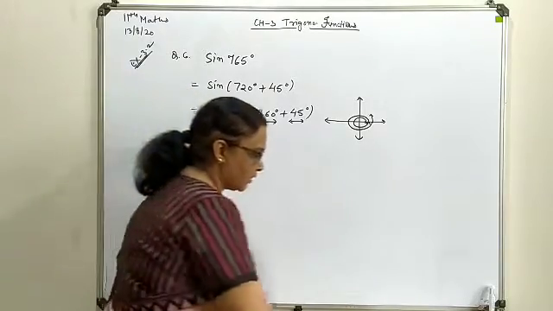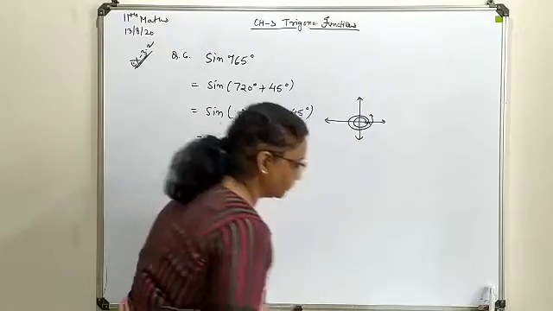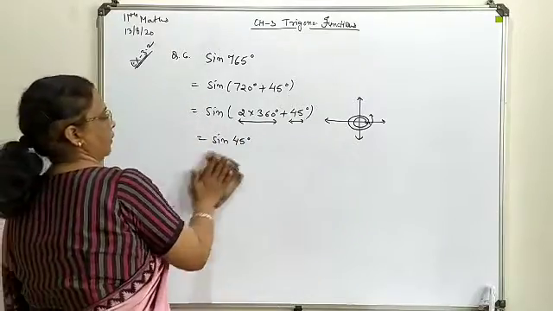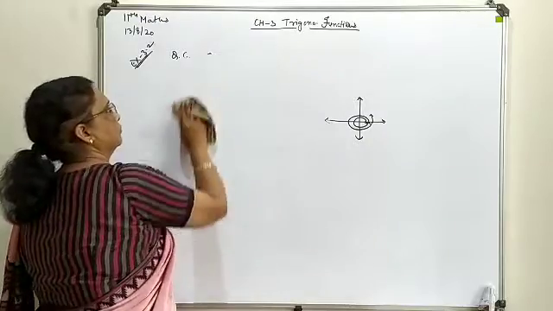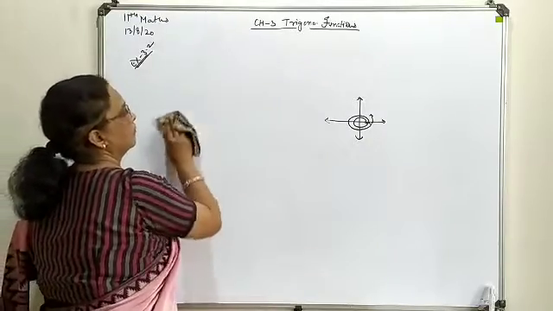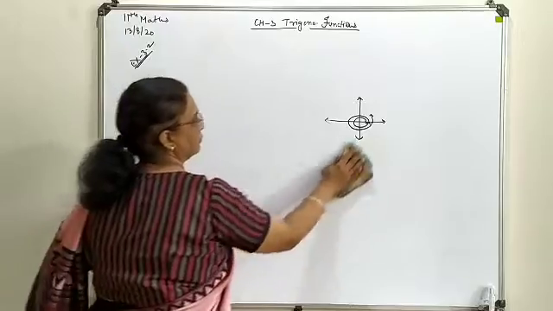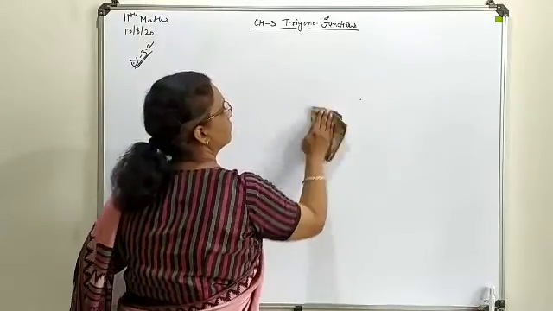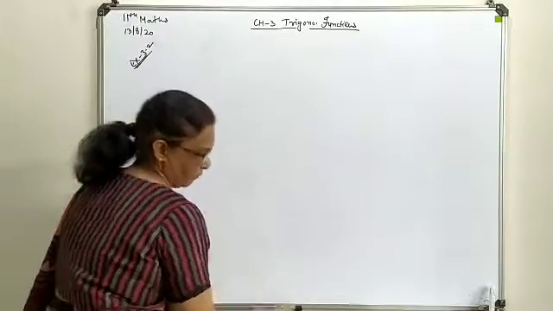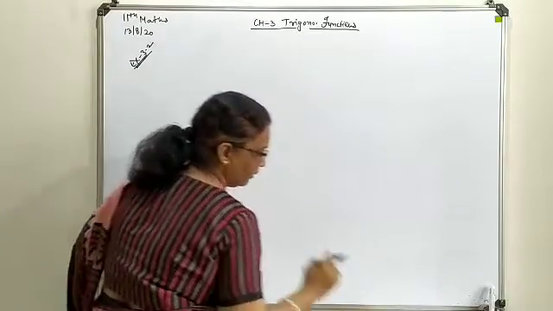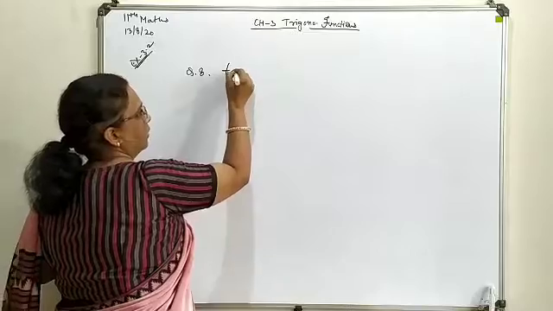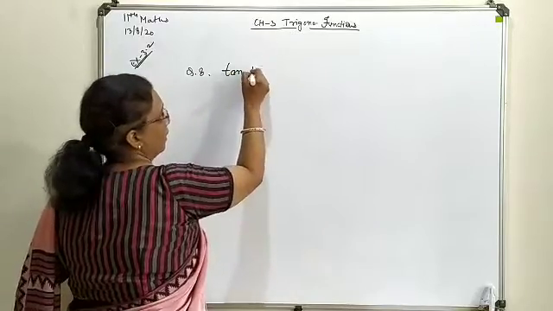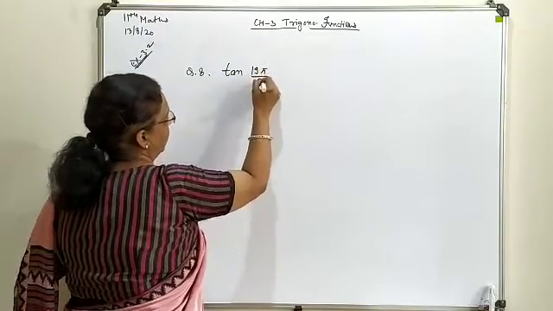Now next we will discuss one tangent form. Here we have question number 8, which is tan 19 pi by 3.